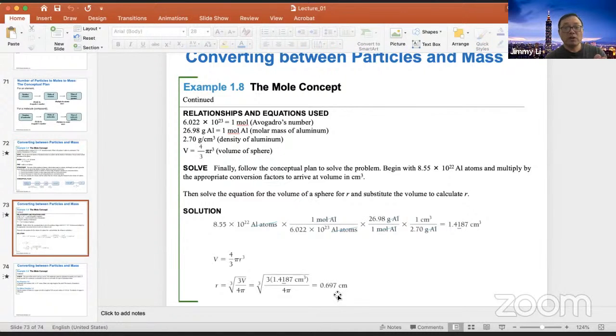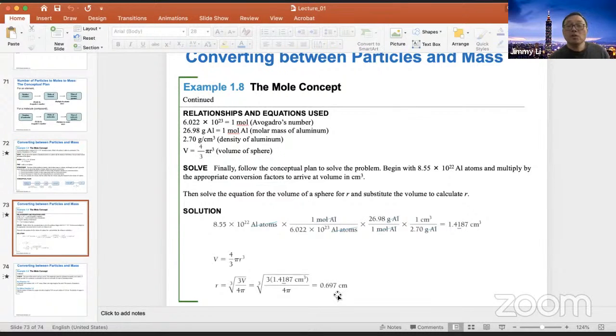And this is our final example of chapter 1. We convert from number of atoms to grams of atoms, take the grams over density, and determine the volume. Once we determine the volume here, we can use the volume of a spherical shape to find out what the radius is.